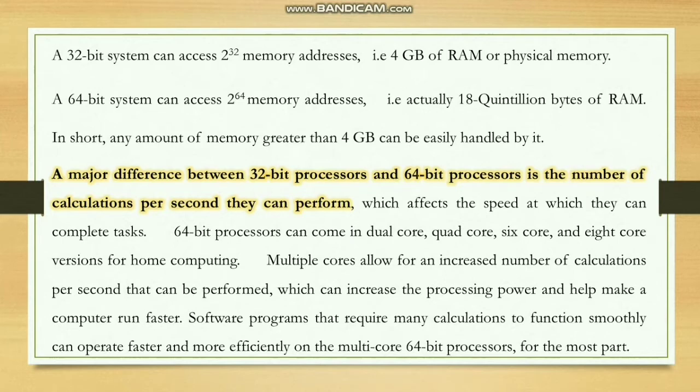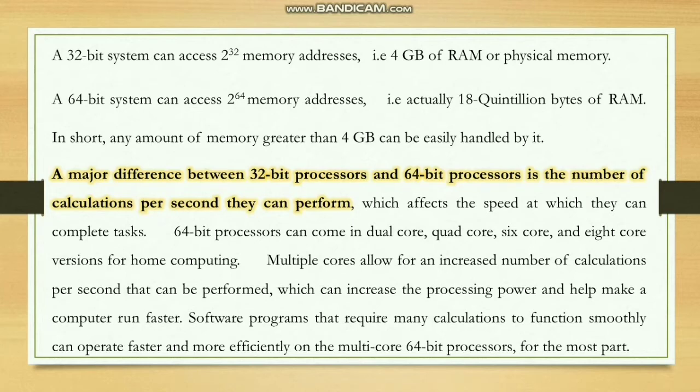But 64 is not exactly double, it is 2 multiplied 64 times. Look here, after reaching 2 raised to 32, when you multiply it with 2 once more, it will be doubled. That means it goes on multiplying for another 32 times.